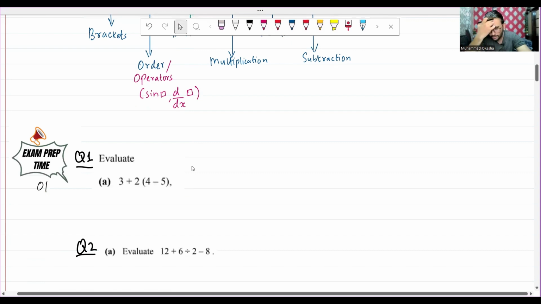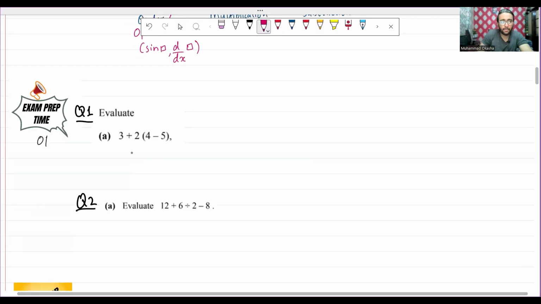Okay, so let's take an exam question. So I'll write BODMAS here. So the first thing I need to take care of is the bracket.